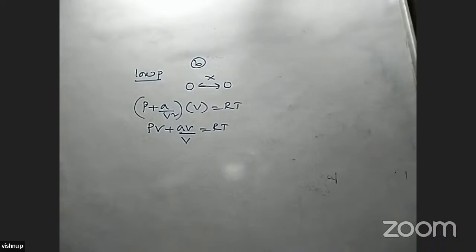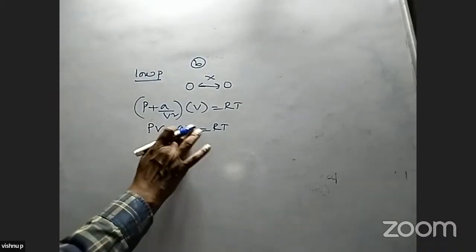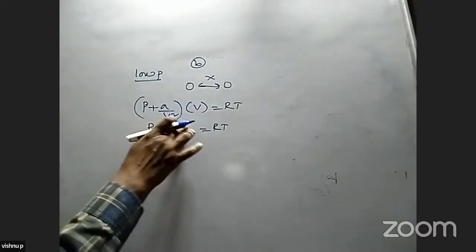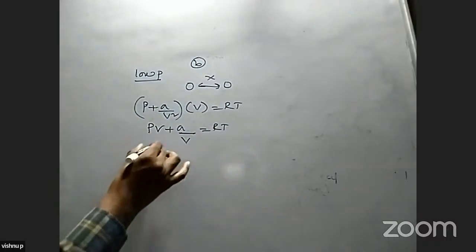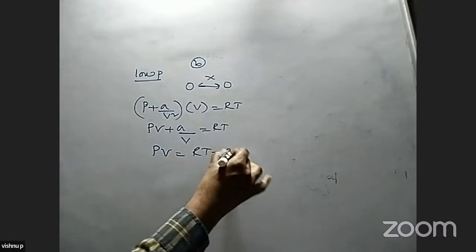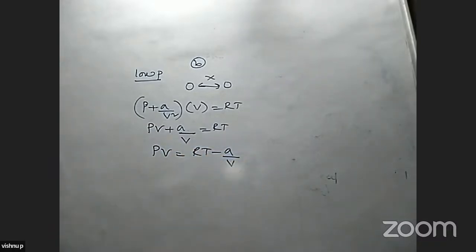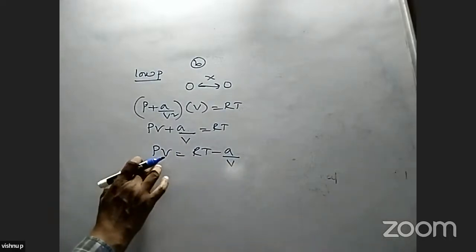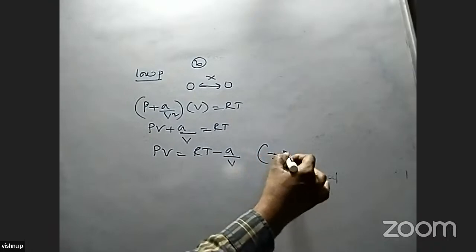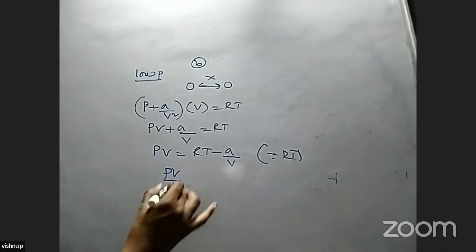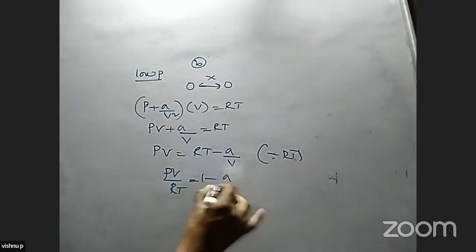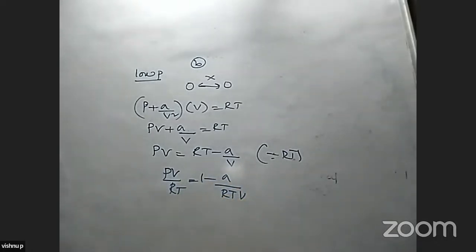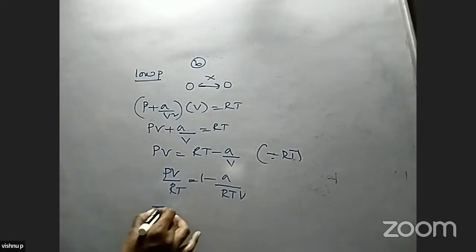Also, we can take PV = RT - a/V. When we divide by RT, we get PV/RT = 1 - a/(RTV). PV/RT is called the compressibility factor.